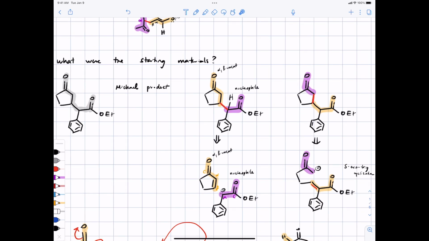There were two ways we could conceive of this Michael product coming from two different starting materials. From a synthesis point of view, breaking up something complicated into simpler things is better than breaking something complicated into something that's equally complicated. Synthesis works more efficiently when you take two simple starting materials and put them together to generate one more complicated thing. That's called a convergent strategy.